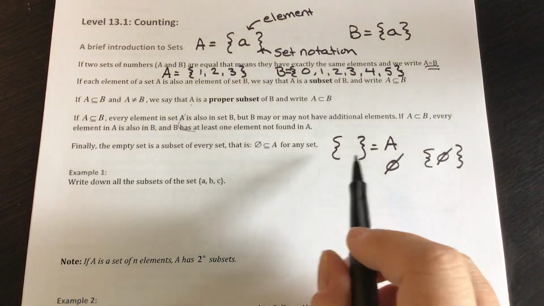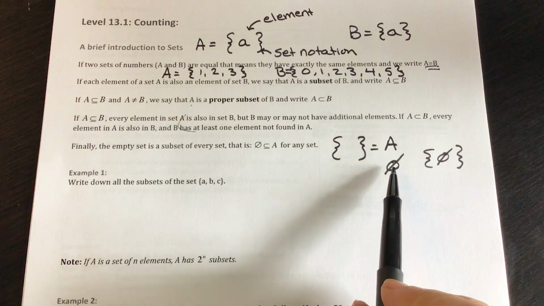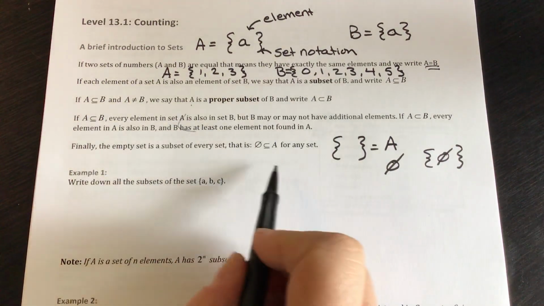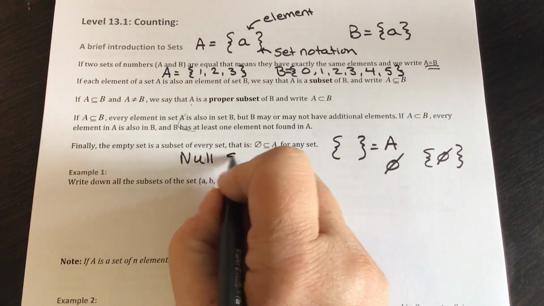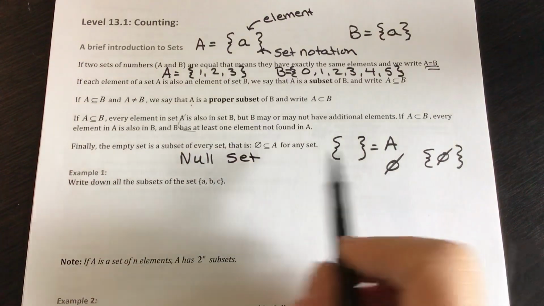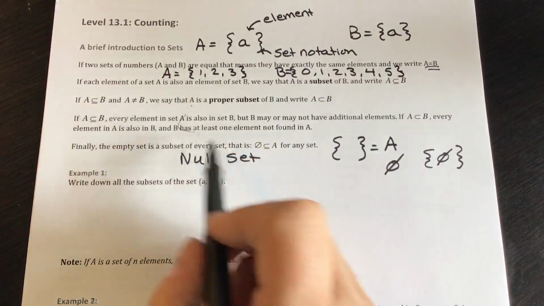There are sometimes sets that don't have anything in them. One thing to note is that the null set, that's what this is called, is a subset of every set.